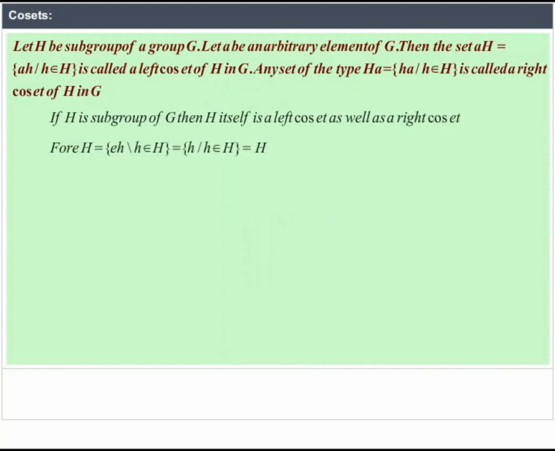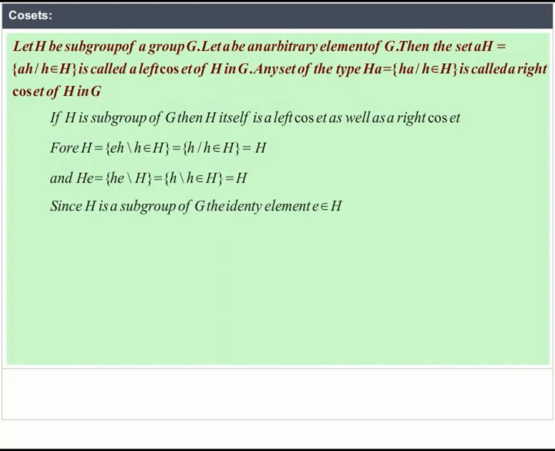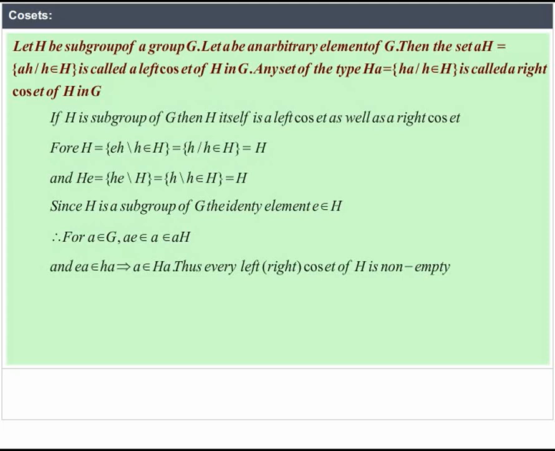For a equal to e, eH equals {eh such that h belongs to H} equals H, and He equals {he such that h belongs to H} equals H. Since H is a subgroup of G, the identity element e belongs to H. Therefore, for a belongs to G, ae belongs to aH and ea belongs to Ha, which implies a belongs to aH. Thus, every left or right coset of H is non-empty.